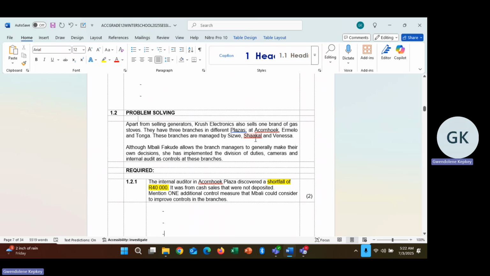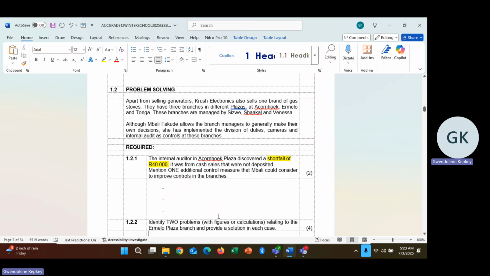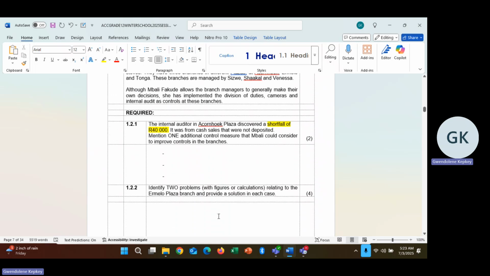These branches are managed by the managers named. Although Mbali Fakudi allows the branch managers to make their own decisions, she has implemented division of duties, cameras, and internal audit as control measures at the branch. So there are control measures in the branch, but this is what has transpired, and we now need to understand what we need to put in place.